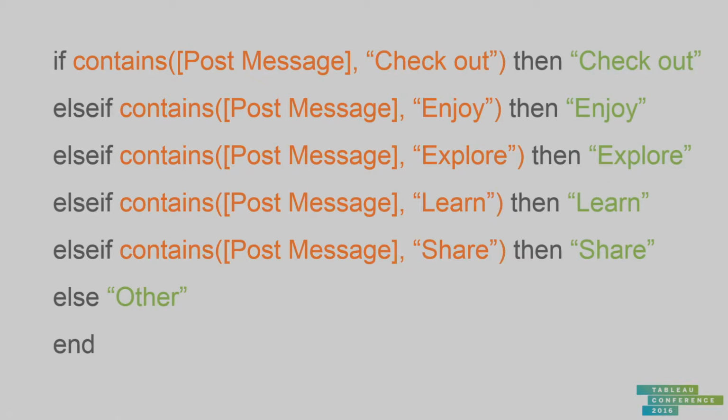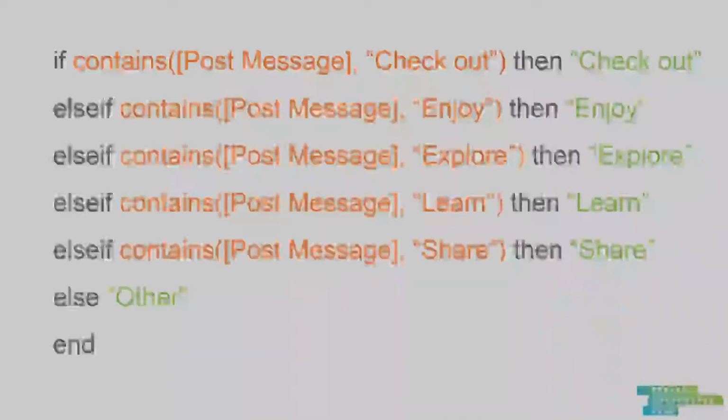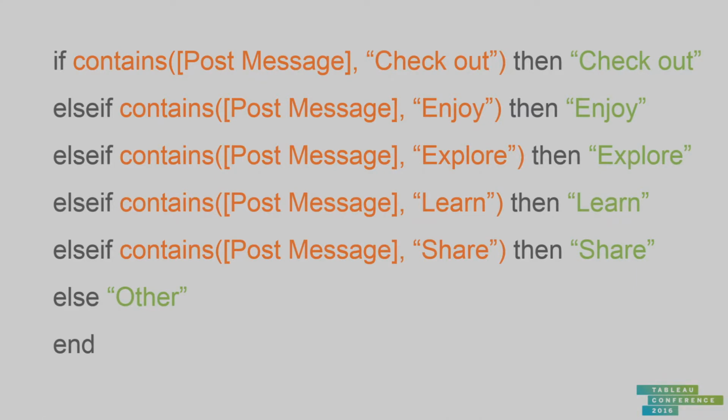All it does is look at that field and search to see if it has that string of text in it. So what is this calculation doing? Well, it's saying, hey Tableau, check to see if my post message field contains the text check out. If so, I want you to call this check out. And then it has other conditions for other calls to action to check.